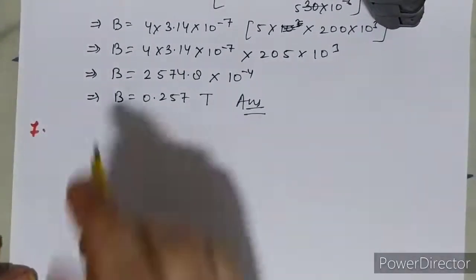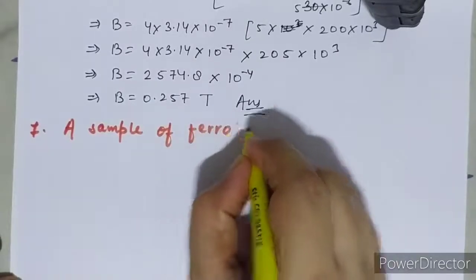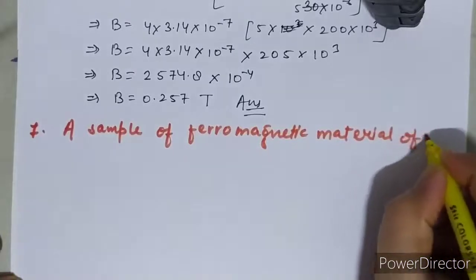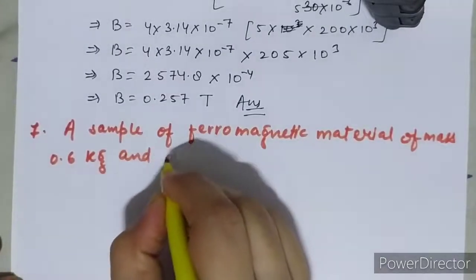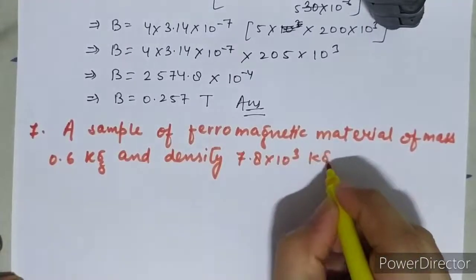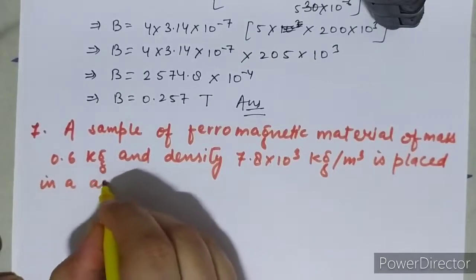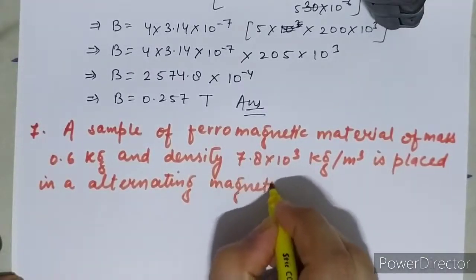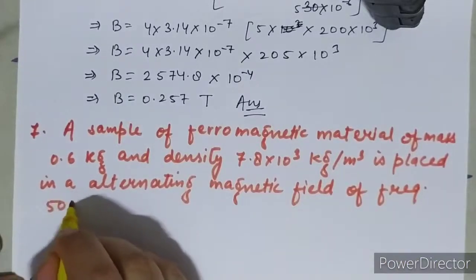In question number 7, a sample of ferromagnetic material of mass 0.6 kg and density 7.8 into 10 to the power 3 kg per meter cube is placed in an alternating magnetic field of frequency 50 Hz.